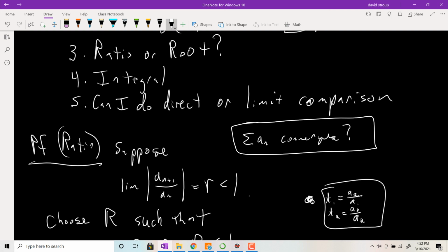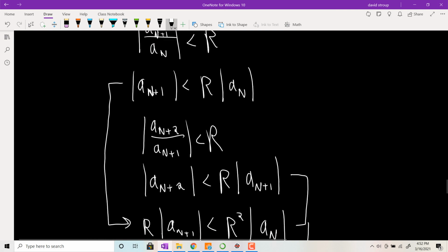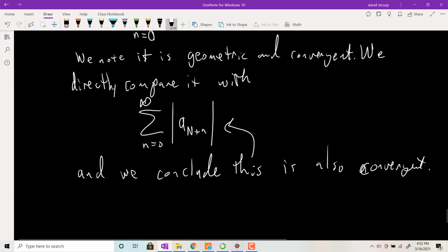And what we've shown is that a shortened version of that with the absolute values does converge. And if you remember back in the previous videos, I did mention that if the sum from n equals 0 to infinity of a sub n converges, then the sum from n equals like 50 to infinity of a sub n will converge. Okay?